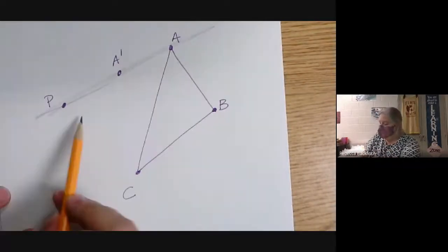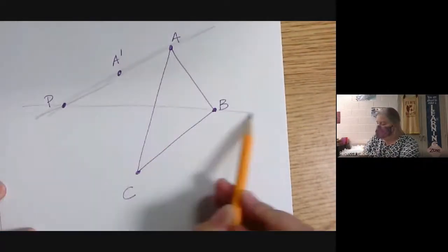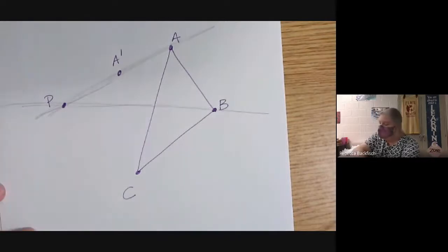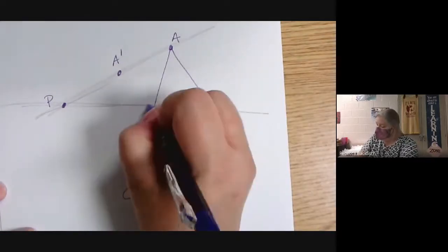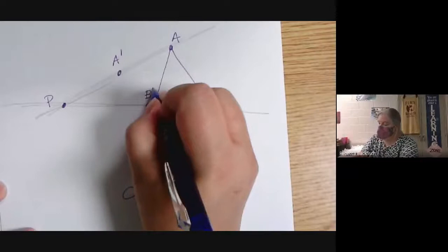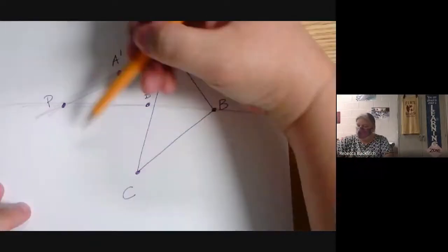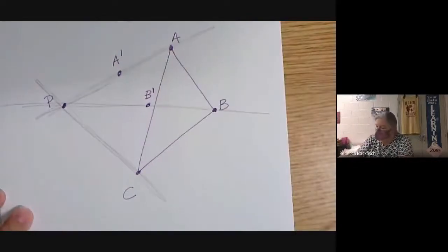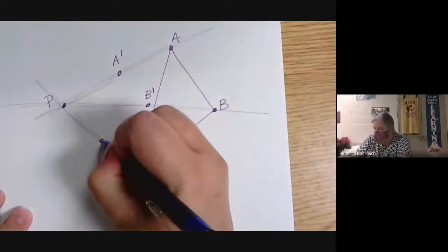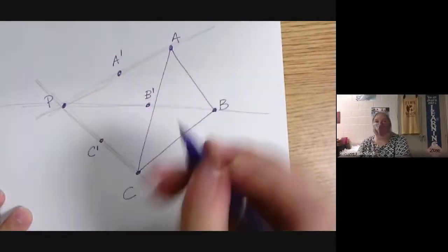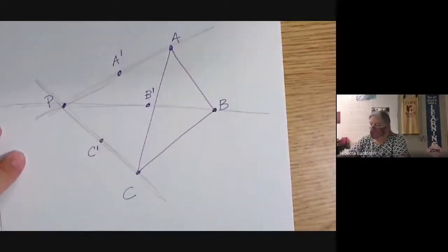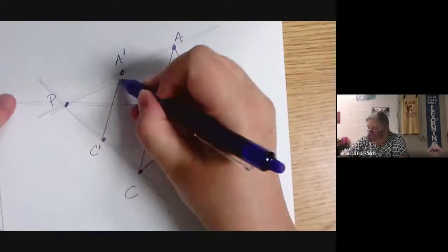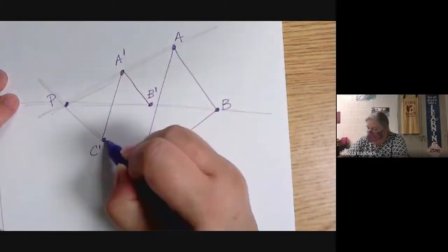When I do my dilation, B is going to be half as far as it used to be away from P. When I move C, the new C prime is going to be half as far as it used to be away from P. So all of my distances, all of my lengths will be half as much.